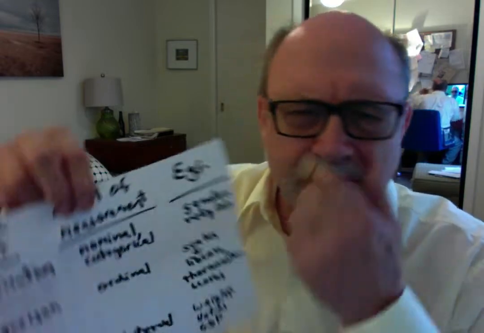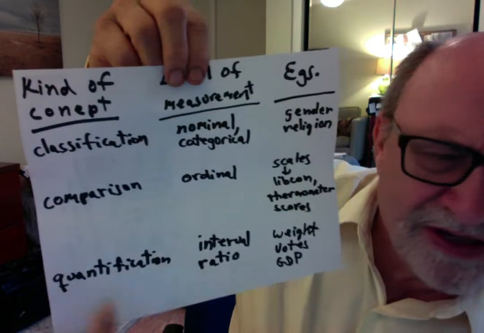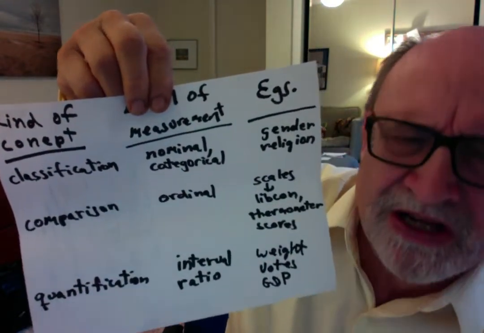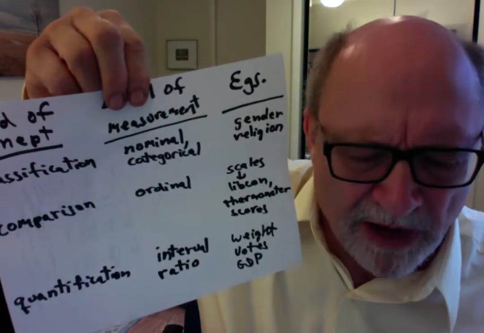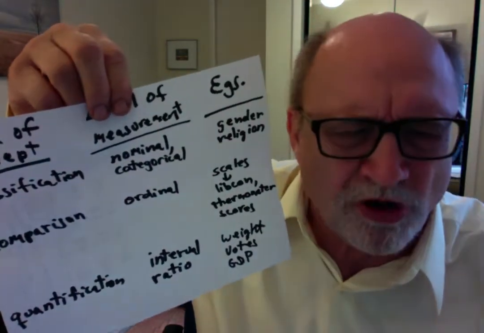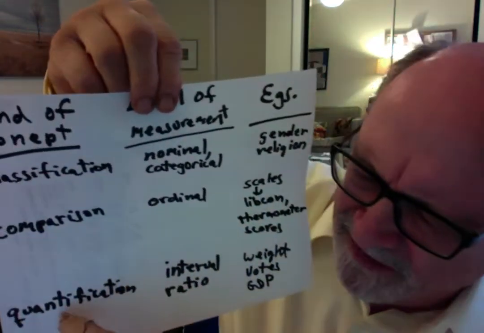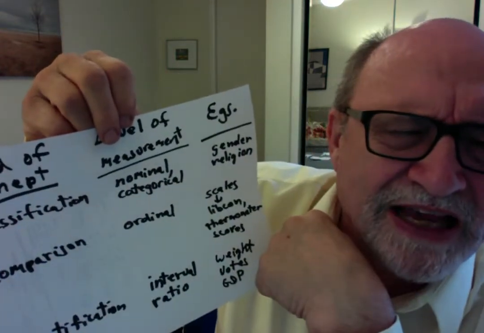Now, another thing to notice about this is that as you move down here, these variables that are measured at these higher levels of measurement, there's much more information contained in them, and you can make much more important statements about two objects when you have measurement at this quantification level than when you have it at the classification level.